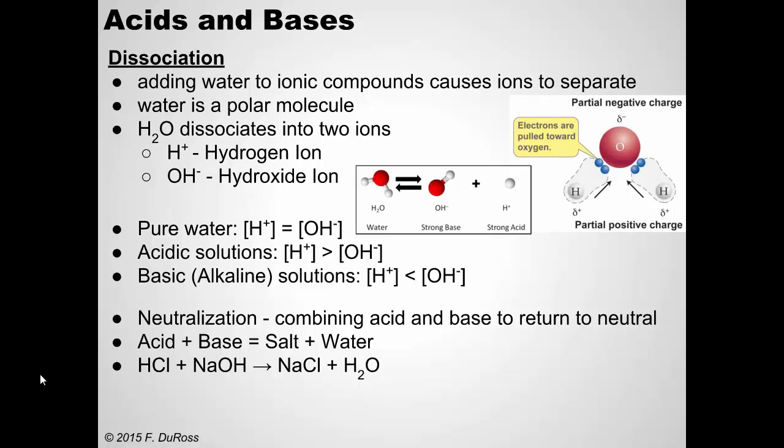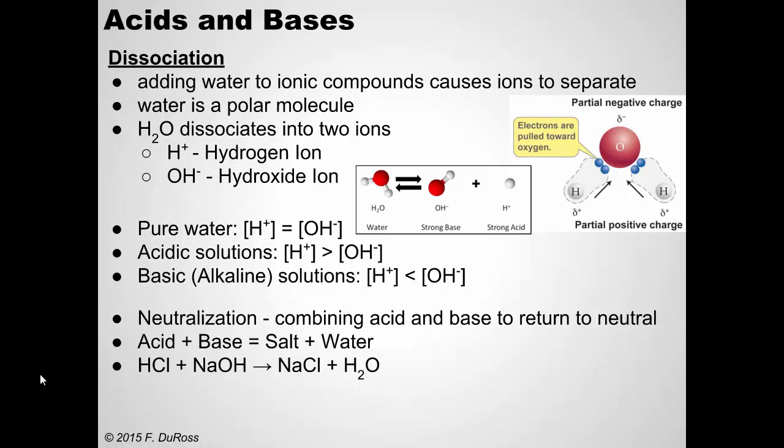And the concentration of hydrogen ions is what determines the acidity of a solution. Now pure water is what we call neutral in terms of pH. The brackets around the ion mean concentration. So the concentration of hydrogen ions and the concentration of hydroxide ions in pure water are basically equal, and so it's neutral.